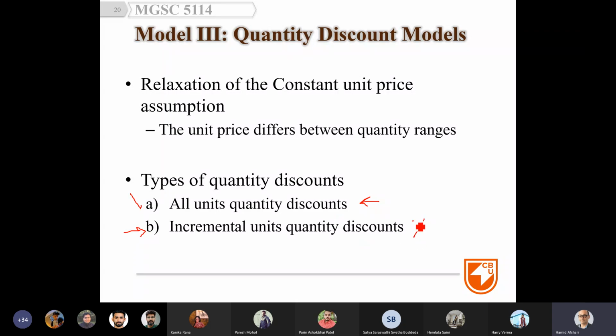We will not cover it, okay? I have just mentioned it to let you know that there is another system, but we will not cover it. So let's see what's the difference between these two. Can somebody help if you have studied before? What's the difference between these two systems?